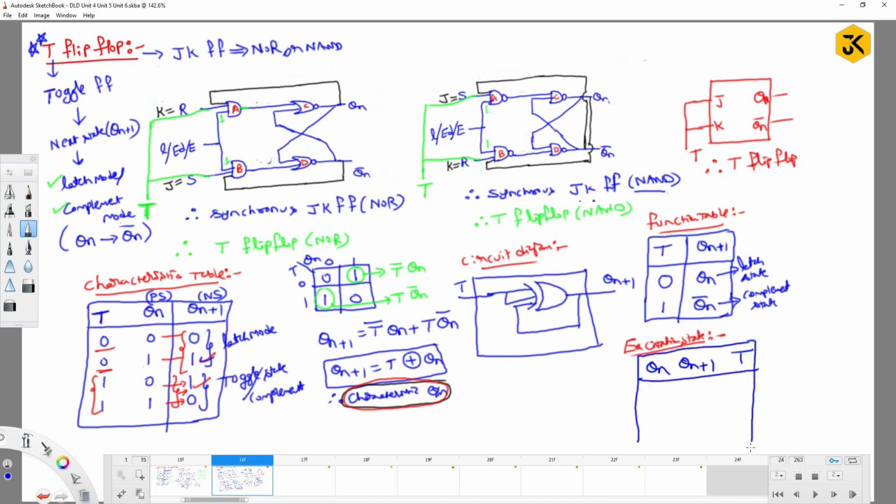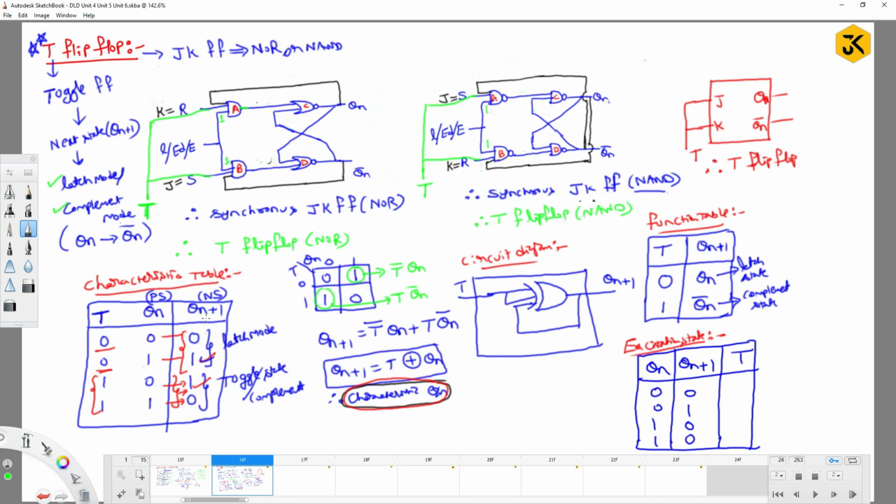This is what I call the excitation table. As you have two kinds of outputs, one is the present state, another one is the next state, meaning 0 0, 0 1, 1 0, 1 1. What might be happening? Think about this one.